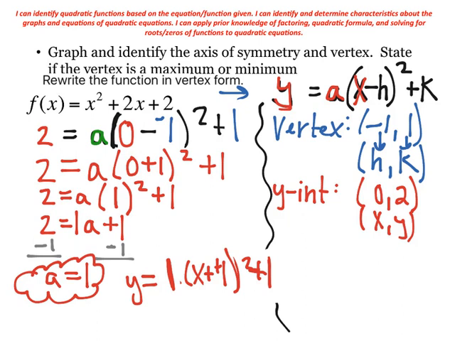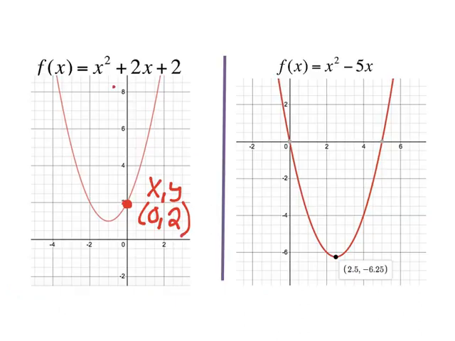Now, folks, before you fill anything else in, what do we always have to have in order to graph a function? Okay. Look right here. F of x or y equals x squared plus 2x plus 2. What two variables are in this function? X and y. Okay. Look at this one. Remember, f of x is the same thing as y. What two variables are in this equation? Y equals x squared minus 5x.